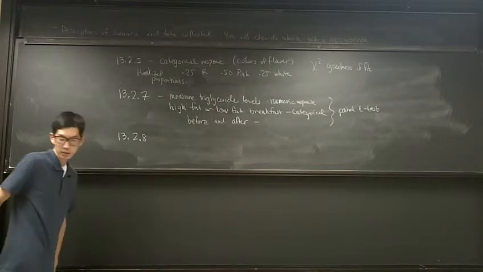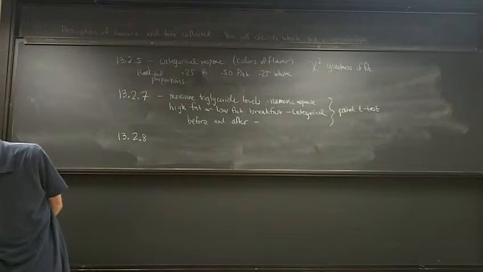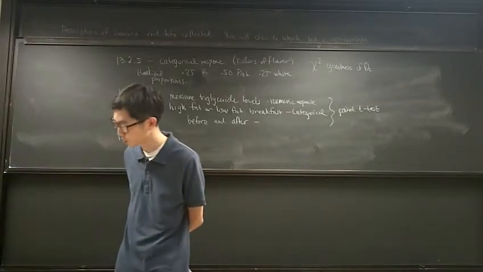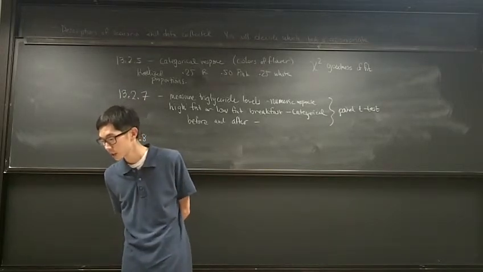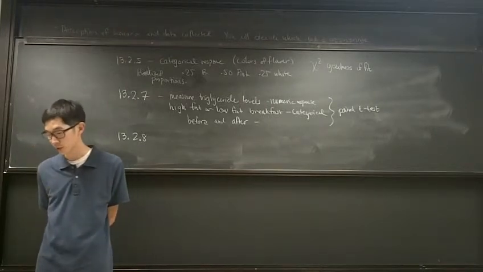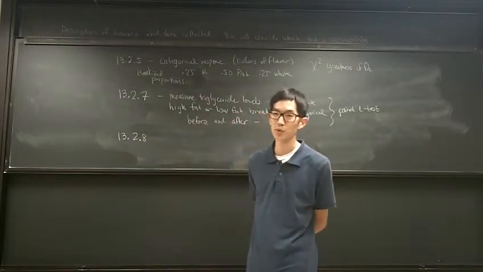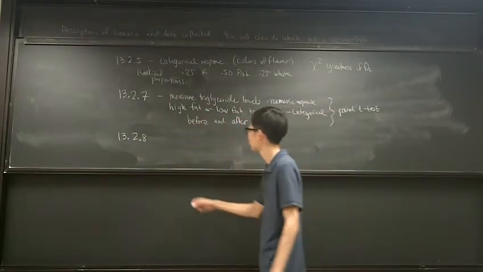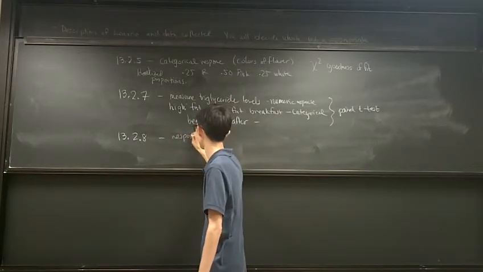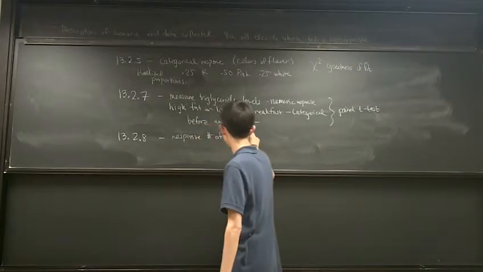13.2.8, okay? We see, they measured how many trees were in a wooded area, trees per 100 square meter plot. And they looked at square plots, round plots, and rectangular plots, and they wanted to know which type of plot had the most amount of trees. Okay, so we have our response is the number of trees. So that's numeric.